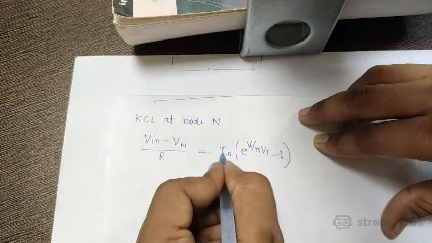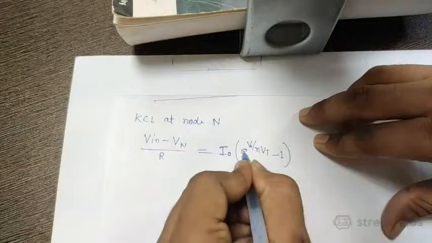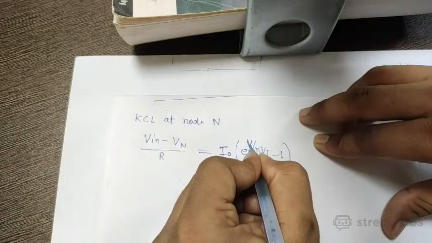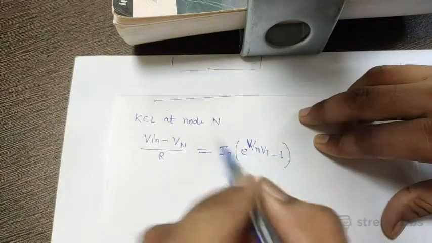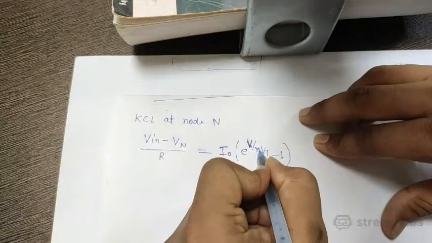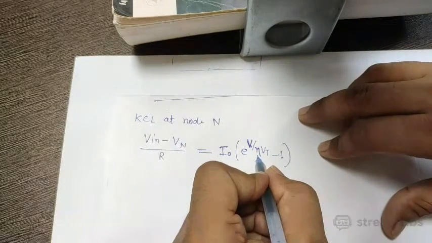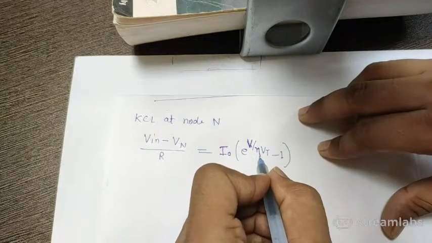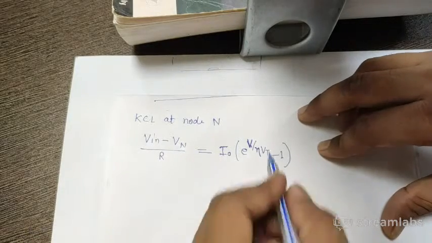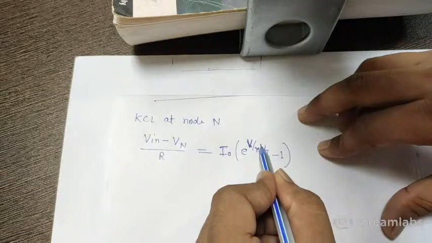Here I naught is the reverse saturation current, V is the forward voltage across the terminals of the diode, eta is the characteristic constant of the diode, eta equal to 1 for germanium and 2 for silicon, and Vt is the thermal voltage.